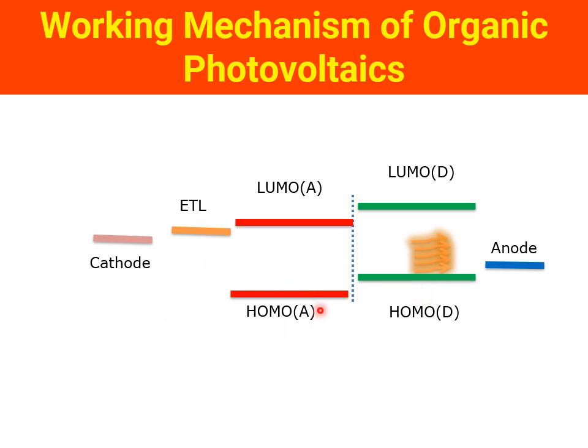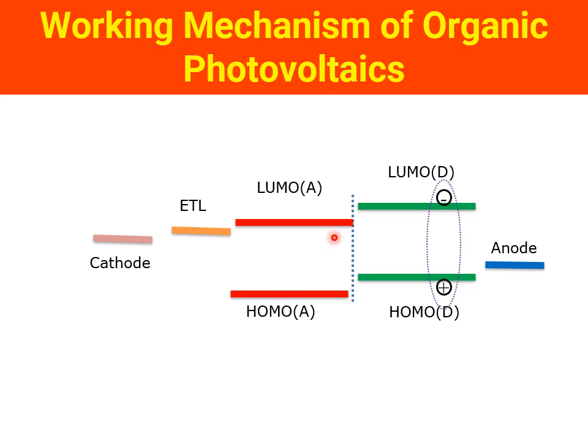Once the light is passing through the device, the exciton will generate. That means the exciton will generate in the donor, which is basically the polymer, and in the acceptor, which can be a small molecule like fullerenes or some other polymer materials.